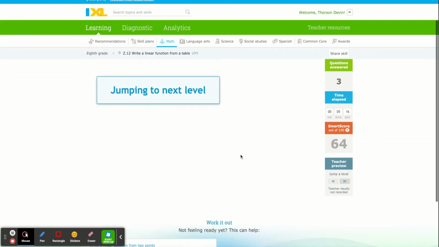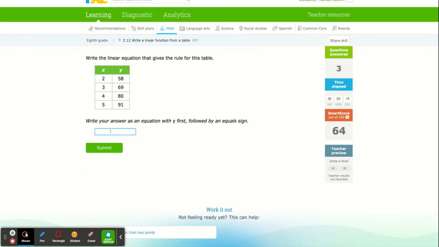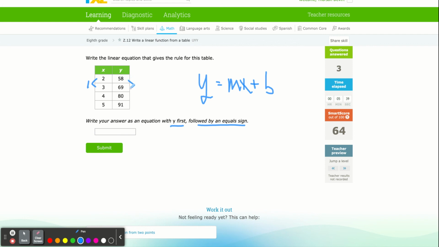Going to jump ahead again and show you that eventually they don't have anything written at all. They tell you to write y first, followed by an equal sign. So in other words, they always have you write it as y equals some slope m times x plus b. So let's find our slope, right? Our run of 1, a rise of 11. Be very careful. That's a rise of 11. So my slope is 11. Now I just got to find my b value. I'm going to take this y value of 58.